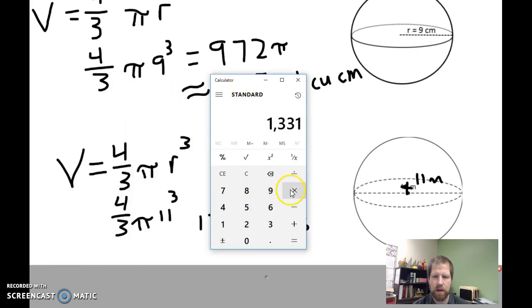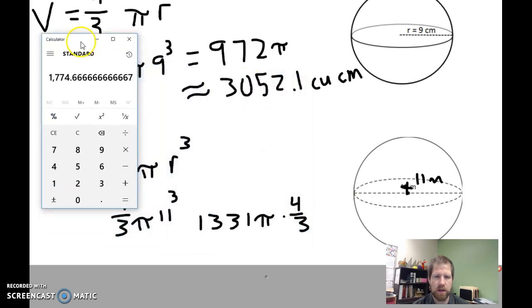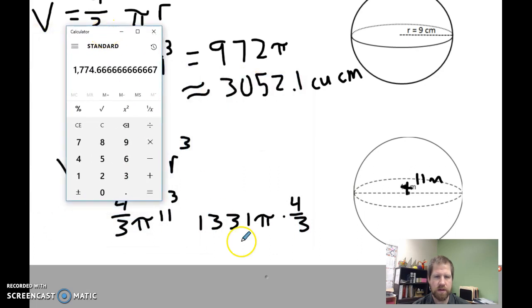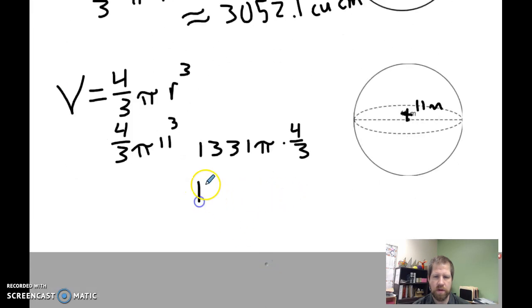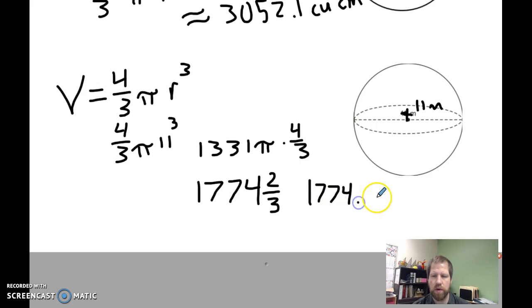So times 4 divided by 3, and I get 1,774 and 2/3, or 1774 point, we'll round it to 7.